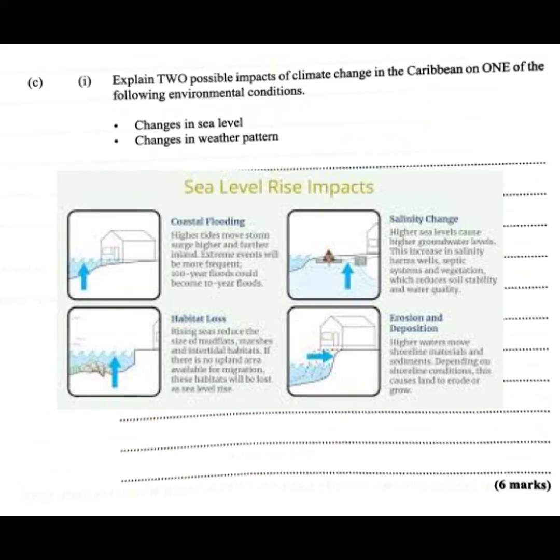Now, these changes in weather pattern are evident in the Caribbean and other parts of the world due to the impacts of climate change. Once you are able to select and explain any two, then a total of 6 marks belong to you.